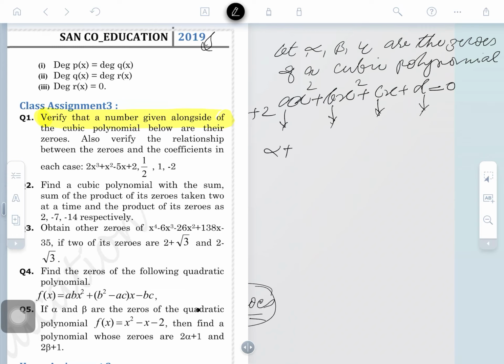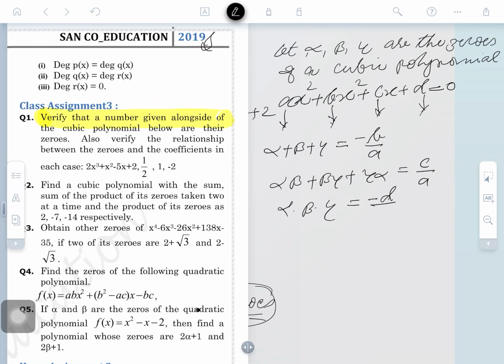So, alpha plus beta plus gamma is equal to minus b by a, and alpha into beta and beta gamma and gamma alpha is equal to c by a, and alpha into beta into gamma is equal to minus d by a. These are the three relationships between them, okay.